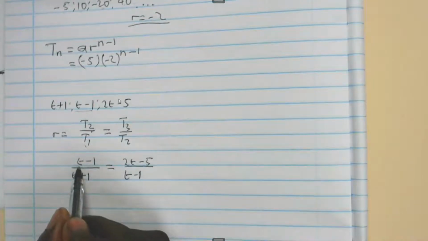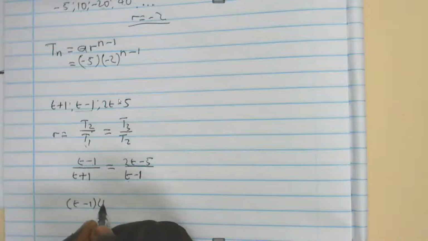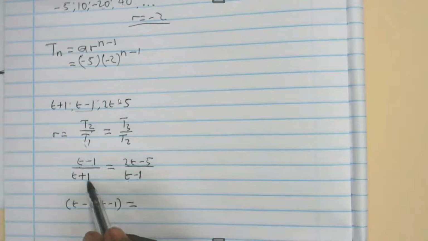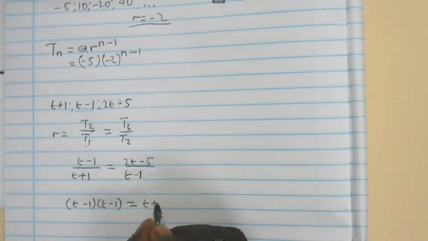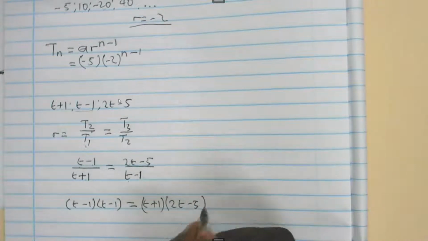Now let's cross multiply and solve for t. Getting rid of the fractions, t minus 1 multiplied by t minus 1, and the equal sign stays as it is; this denominator multiplied by that numerator gives t plus 1 multiplied by 2t minus 5.